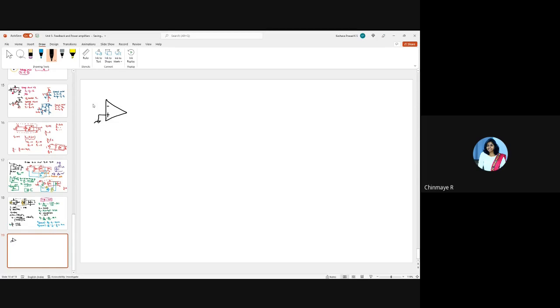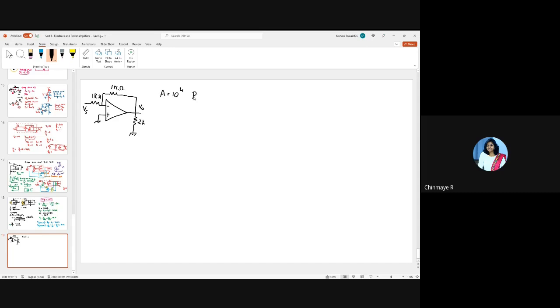So it's an inverting amplifier. A is equal to 10 power 4.